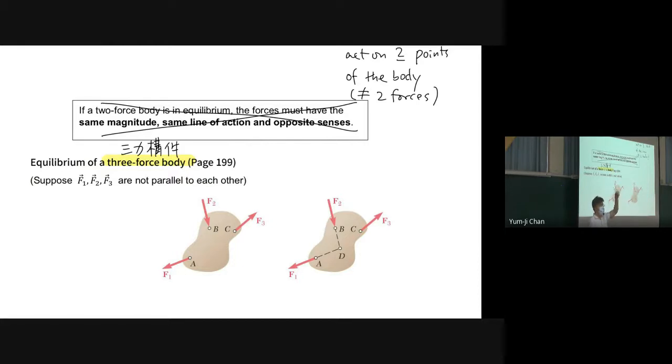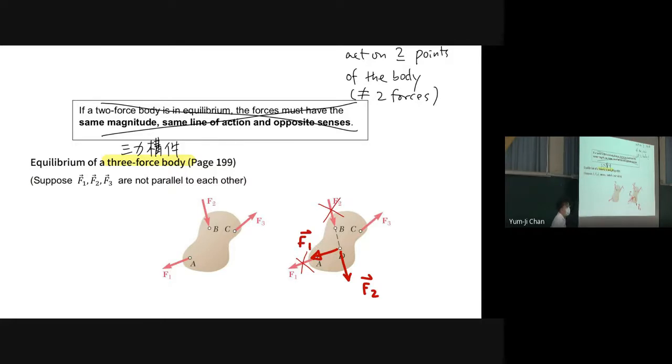So in this case, we move this F2 to the front, to point D. And for F1, we do the same thing and move it to the back, and we also move it to point D.